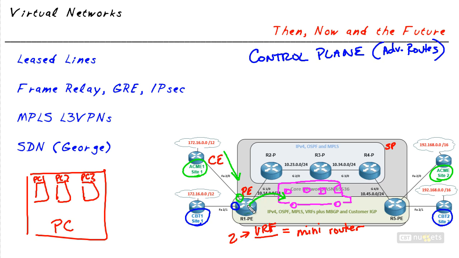Now, in the process of putting it into this transport mechanism, the school bus, there's going to be a lot of information added to those routes that identify that, hey, this route came from Acme Site 1. It's part of Acme's virtual private network space.